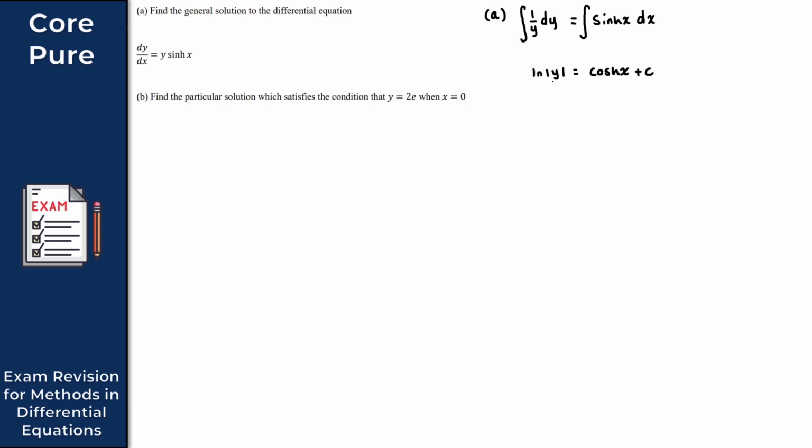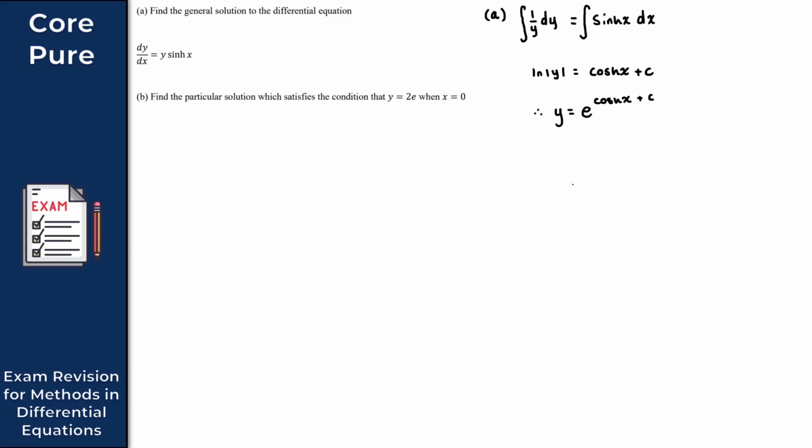So I'm going to take e to the power of ln y on the left-hand side, and do the same with the right-hand side, so e to the power of cos x plus c. e and ln are inverses of each other, so they cancel and we're left with y. So y is equal to e to the power of cos x plus c.